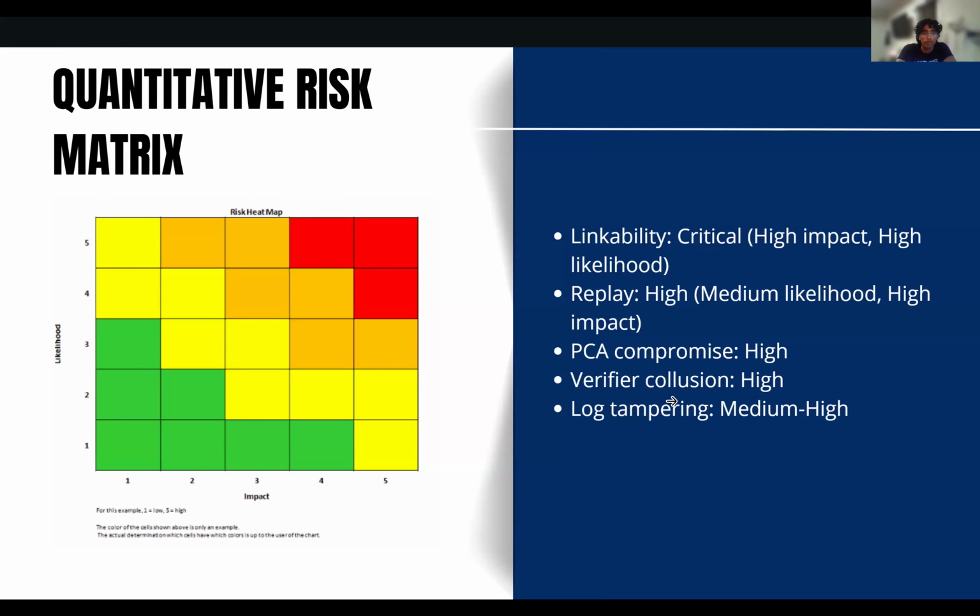Then PCA compromise, which would enable unlimited fraudulent credentials. Verifier collusion between UTM providers could reconstruct complete flight histories. Then log tampering would destroy our accountability. Overall, we had 5 critical risks, 8 high priority risks, and 14 medium to low risks requiring mitigation. Next slide.